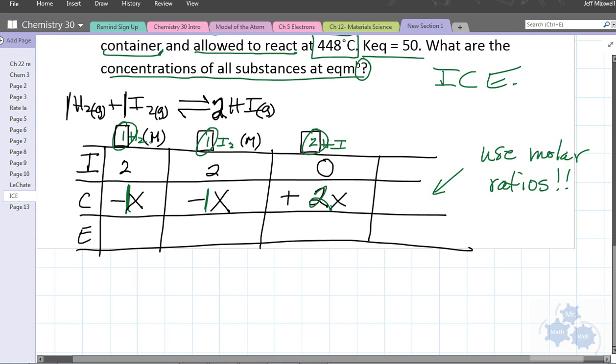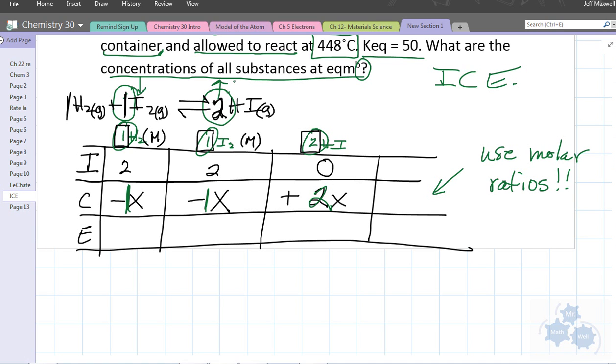This is like the stoichiometry we did last year, right? 1-to-1 ratio. So they're both going to go down at the same rate. So we're going to change by minus X, minus X. This one, for every 1 mole of I2, let's say, there are 2 moles created. So this goes down by X, this goes up 2X. Got it? Now, that's usually the trickiest part there. I mean, and that's not even that hard, is it? You guys can do that.